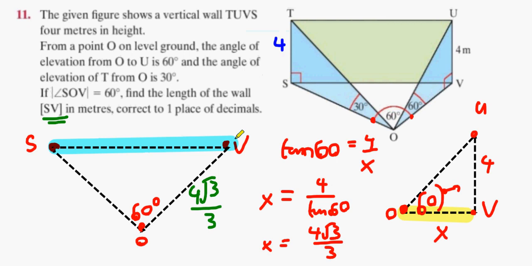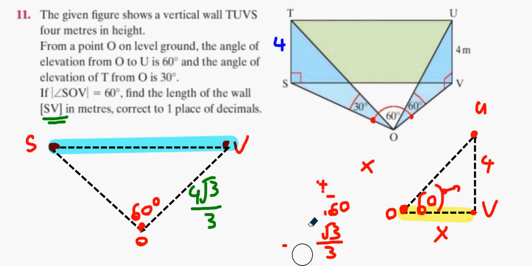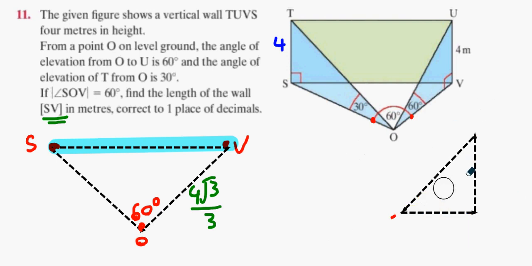So the whole goal of the question is to find this length here. That's why I'm working on filling in as much information about this triangle as possible. What's the next triangle I'm going to use? Yeah, STO. Alright. So STO.